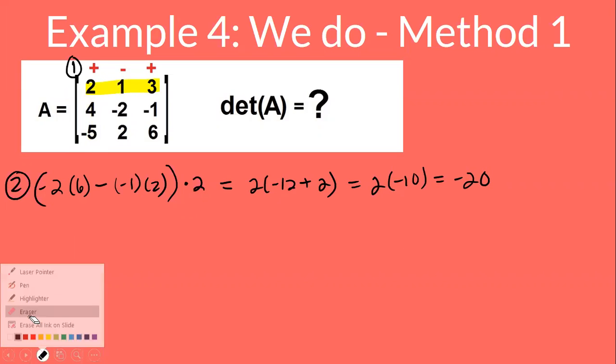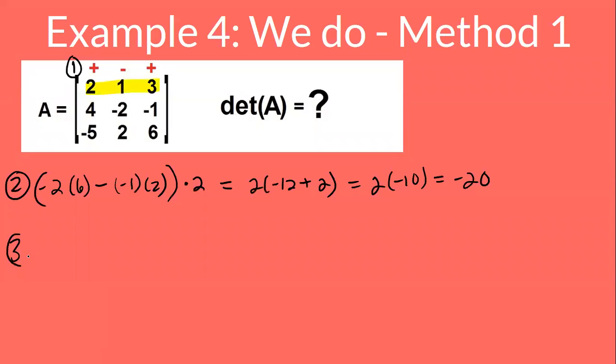So now we're going to step 3. And this time, you are covering row 1, column 2. So what values are you using for your cross multiplication? Perfect. So I have 4 times 6 minus -1 times -5, and then times the value that's in row 1, column 2, which is 1.